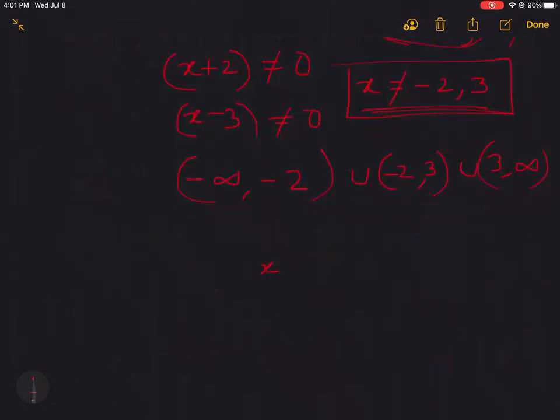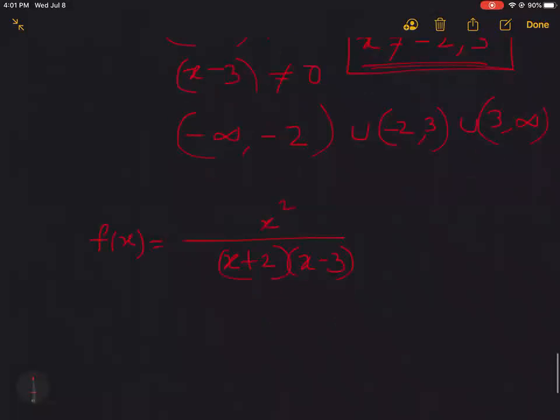So the problem is x squared over x plus 2, x minus 3. Okay, so that's our f of x, right? So the y-intercept would be plugging in 0, right? If we plug in 0, what happens? It will be 0, it will be 2, it will be -3, so 0. So 0 will be the y-intercept, right?